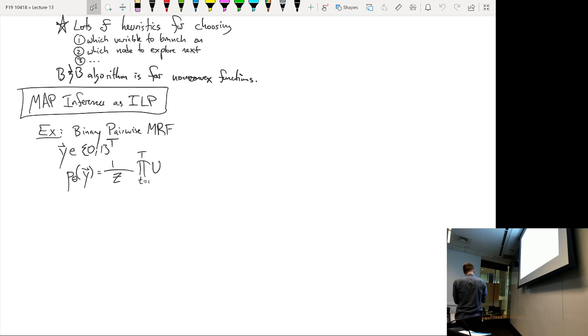So that's some psi t of yt. And then, because this is pairwise, we're also going to say we have a product over all st pairs in some edge set defined by our graph, so that we have a potential psi st of ys yt.